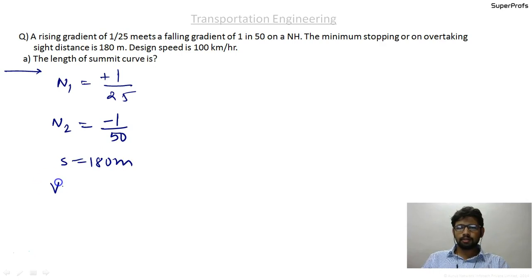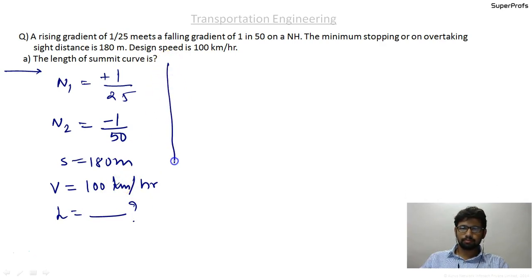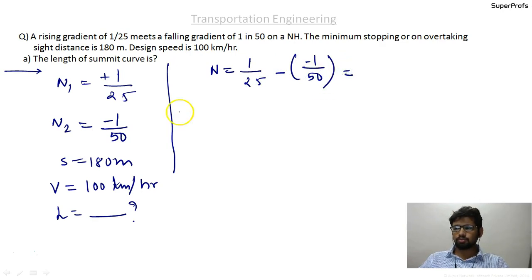The design speed is capital V equals 100 kilometers per hour. What is the length of the summit curve? Here n, the deflection angle, will be 1 in 25 minus 1 by 50, which is 3 by 50, equal to 6%.